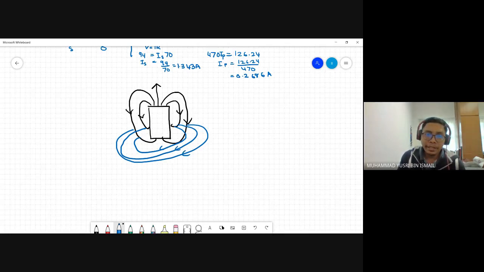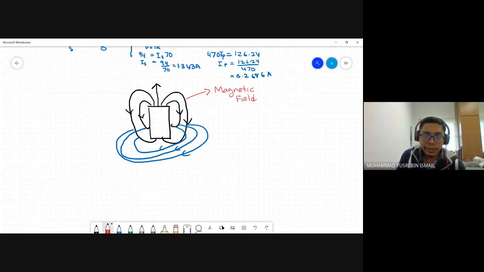So this is the electromagnetic field. This is the transformer magnetic field, and it will also produce eddy current.